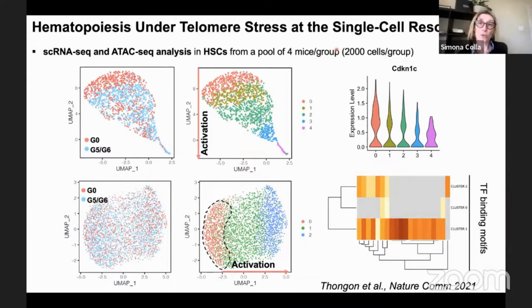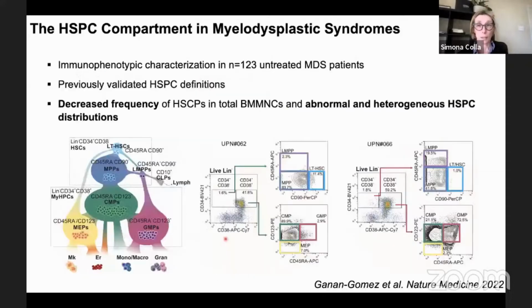And I think that 2,000 cells per group, combining maybe different mice, can give you enough depth to dissect the different states inside the stem cell, and also to dissect the different differentiation potential of the stem cell by ATAC-seq.